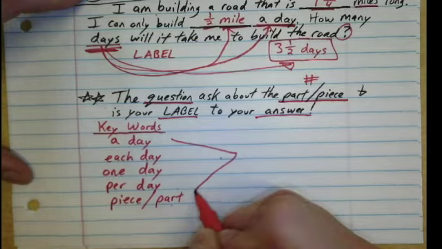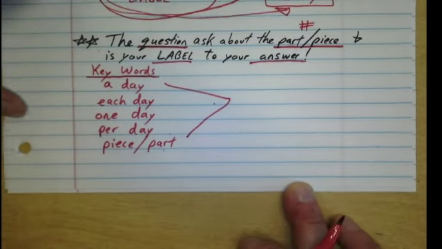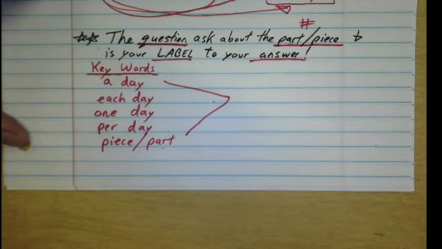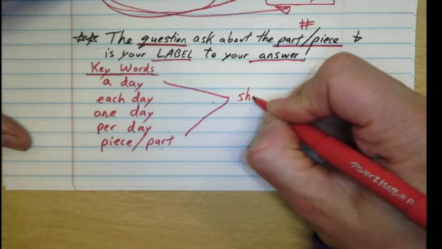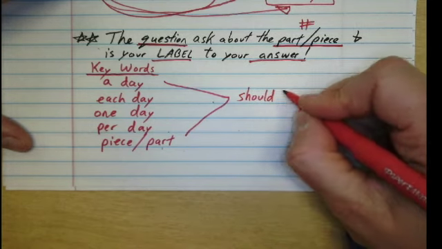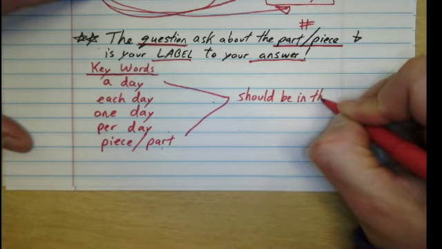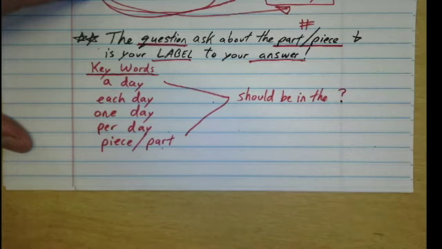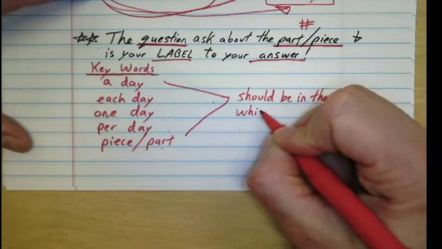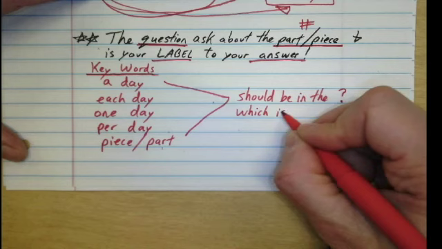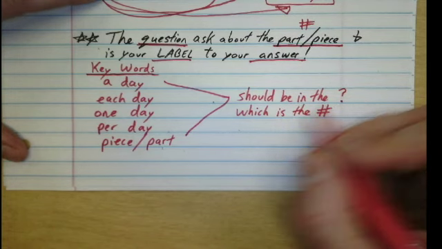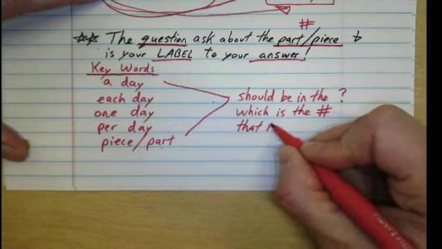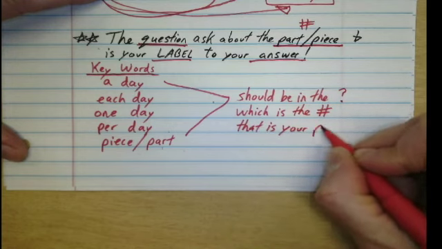But all of these words should be in the question, which will point you back to which number is your part, because they will also be in the part. So these ones should be in the question, which is the number that is your part.